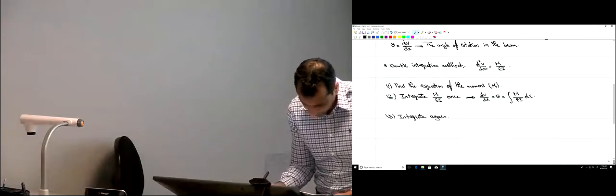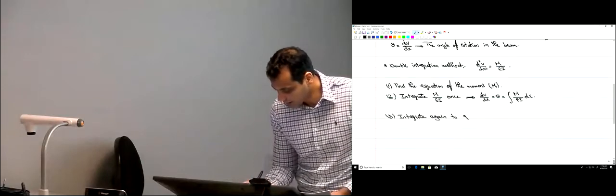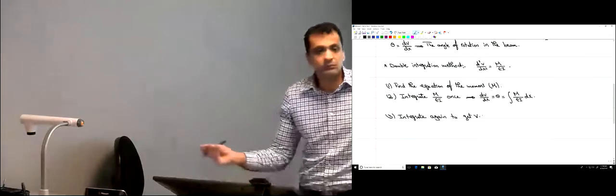So this is just the integration of M divided by EI dx. And then you integrate again to get v. That's how simple the method is. You start from this equation, you integrate it once, you get theta, you integrate it once again, you get v. A double integration method, okay?